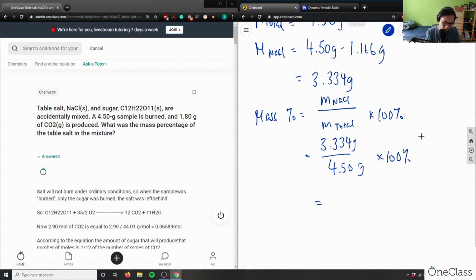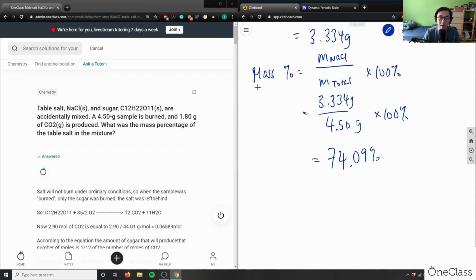This will give us an answer of 74.09%. So this is my solution for this problem, and then I can always go back to our significant digits. In this case, I have 3, so our answer is 74.1% as our mass percentage of NaCl.